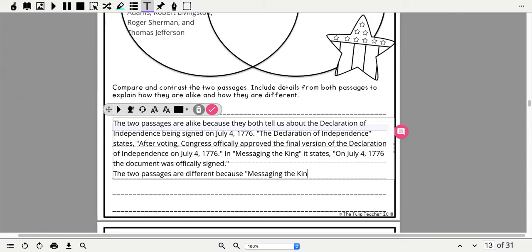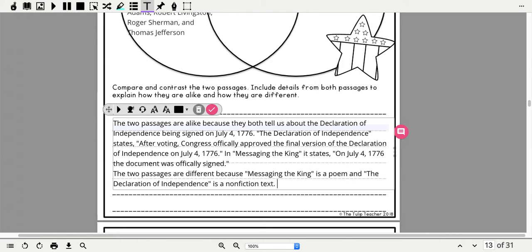Because "Messaging the King" is a poem, and the Declaration of Independence is a nonfiction text.